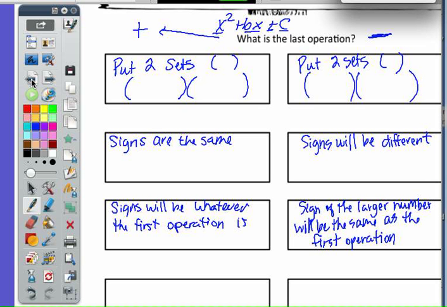Okay. So signs are going to be different, and the operation of the larger number is going to be whatever the first operation is.